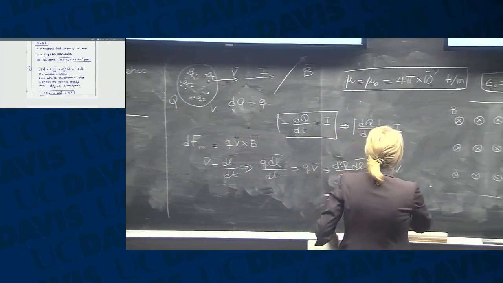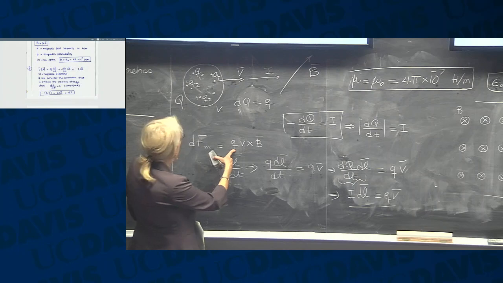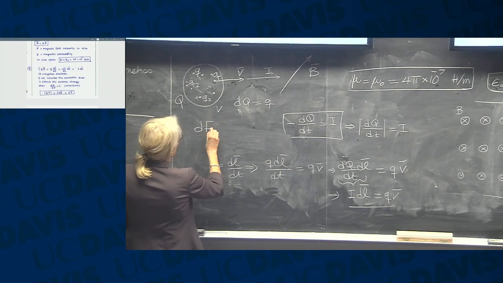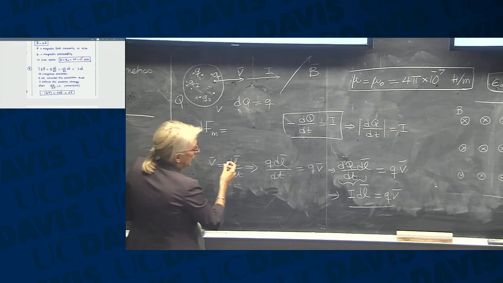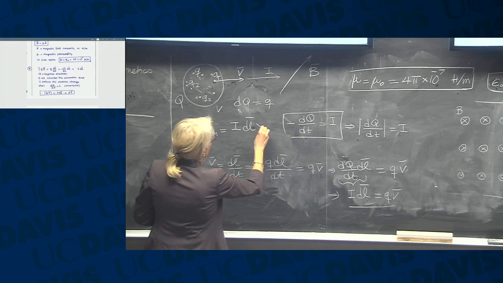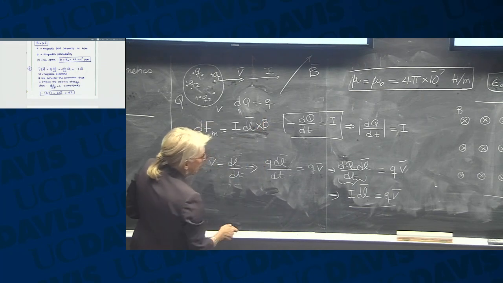Okay. If we now have this in place, I can rewrite this one. How can I rewrite this? I will rewrite it up here. Equals I dl cross B, dl cross B, nothing else I have.